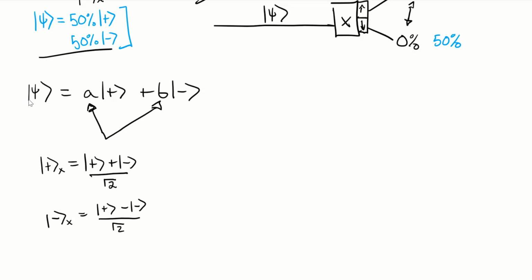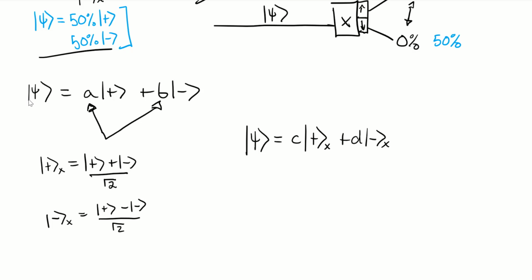But I mentioned very briefly that these two states also form a basis. So I could equivalently describe any general state vector as, I'll use different coefficients here, a linear combination of my two vectors in the x direction. And these span the space.